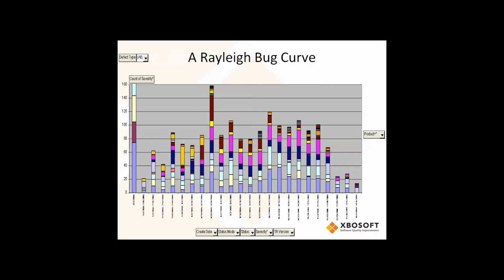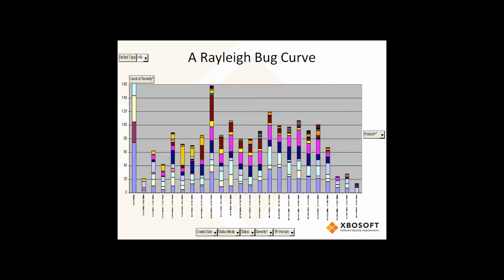So if you look up someone named Sir John William Strutt, he was the third Baron Rayleigh in British physics, a physicist from Cambridge University, and he first described the Rayleigh shape.